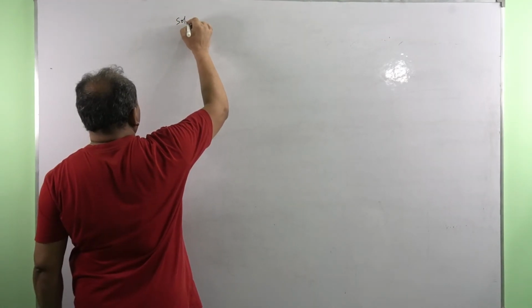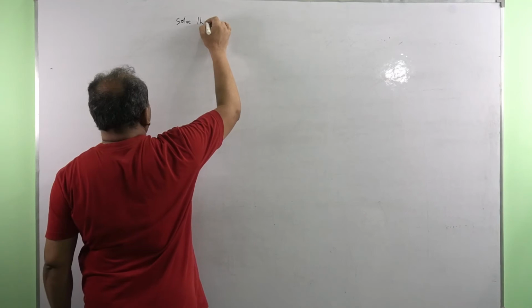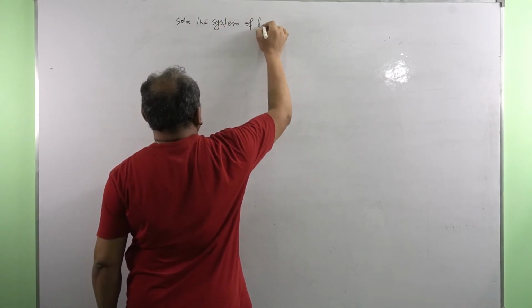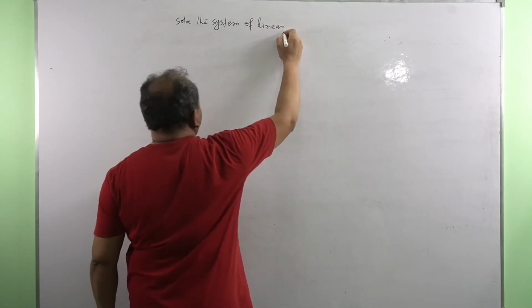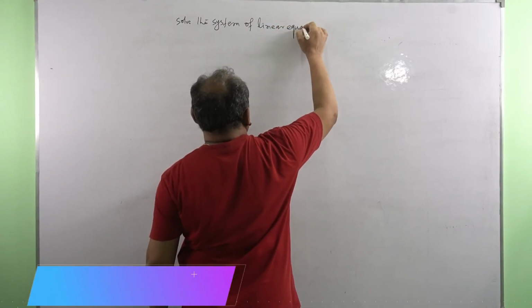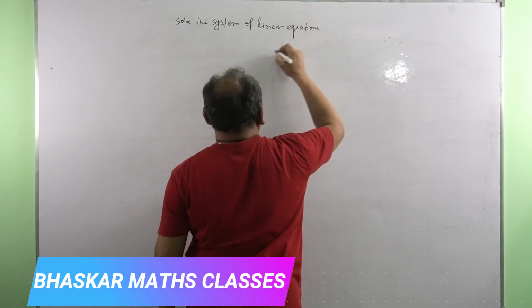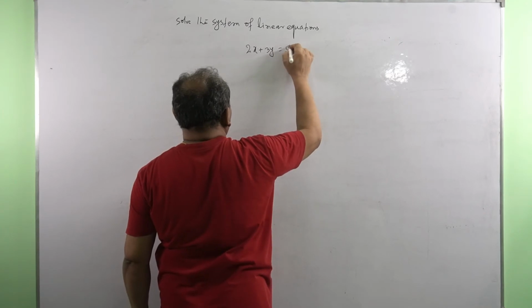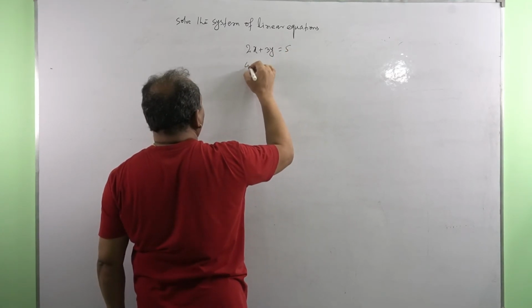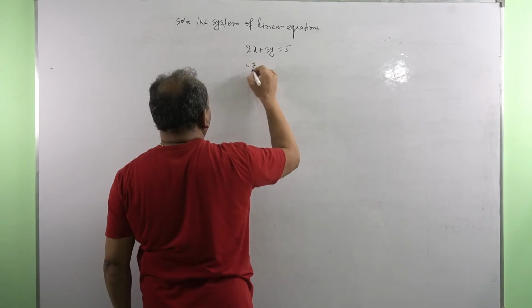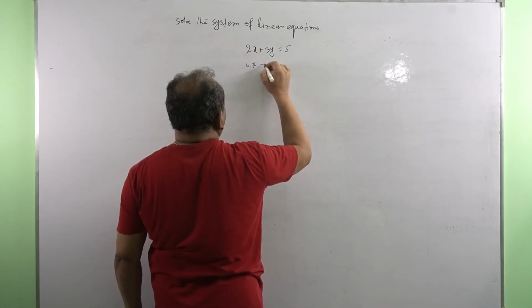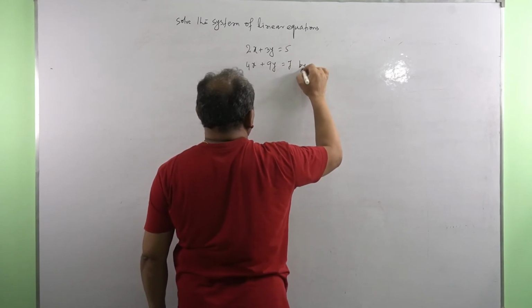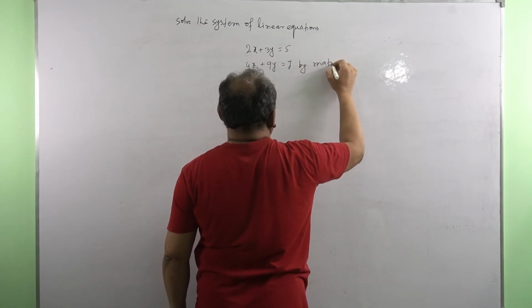Solve the system of linear equations 2x plus 3y is equal to 5, 4x plus 9y is equal to 7 by the matrix method.